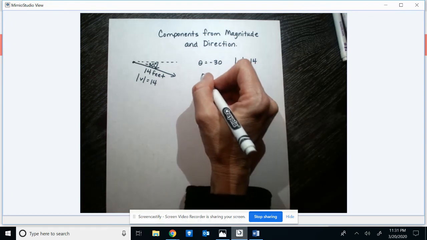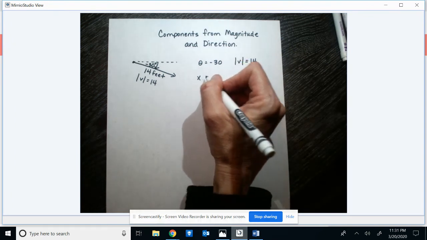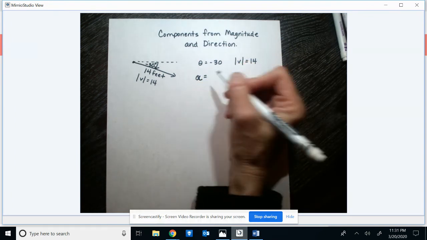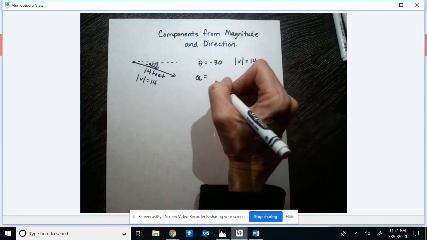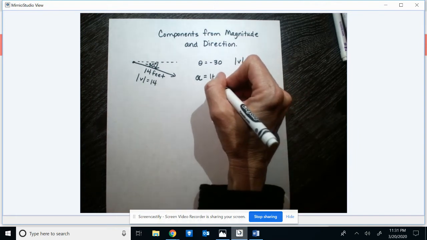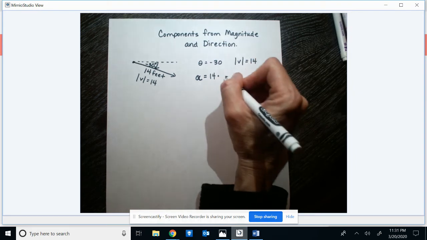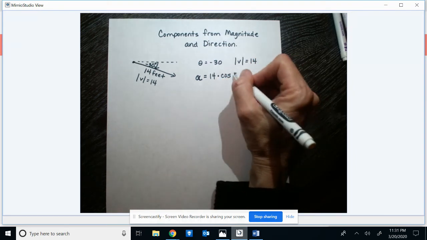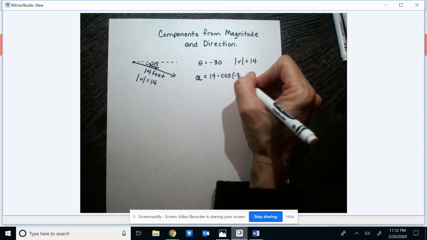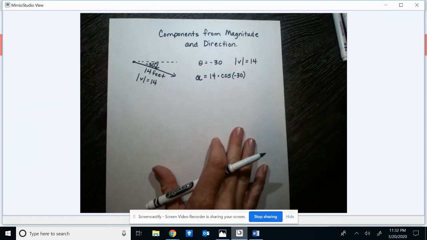So to find the a value of our component, it is going to be the magnitude 14 times the cosine of our theta, which is negative 30 degrees. So we're going to go to our calculator, or you can use your unit circle.